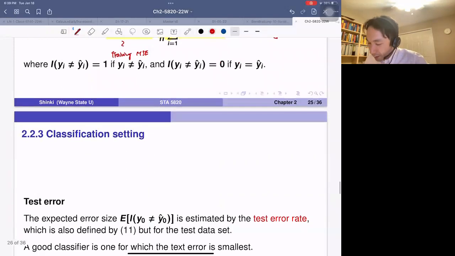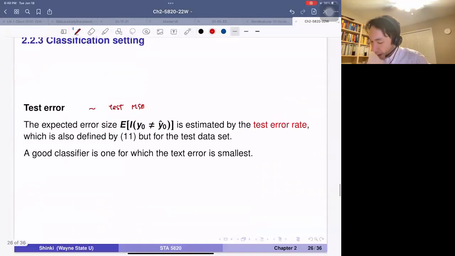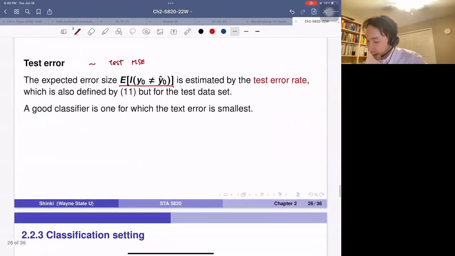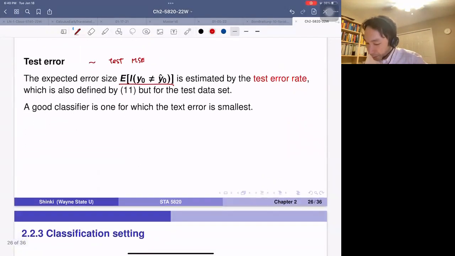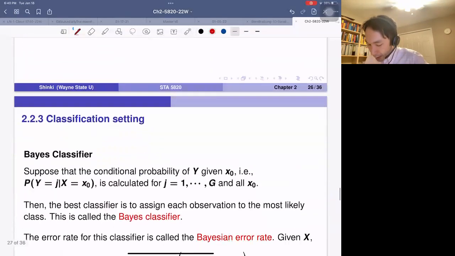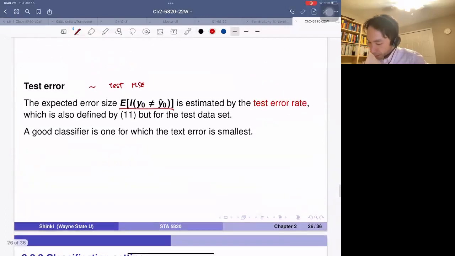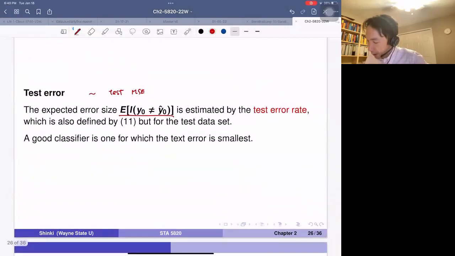If we want to think about the test error, which corresponds to test MSE, then we have to take the expectation of the event that y0 is not equal to y0 hat, so what's the probability that this happens?